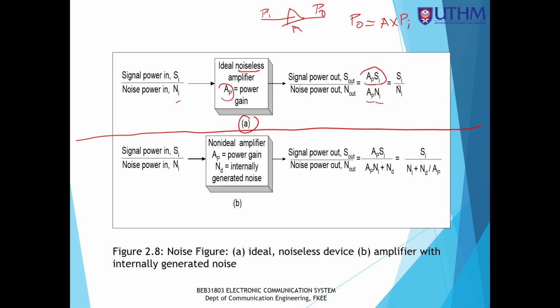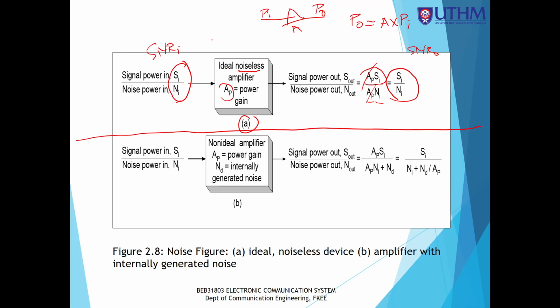So what happens is that we can cancel out the gain like this. Finally you will get SI over NI, which is the same as SI over NI at the input. In terms of ratio, it is the same. So SNRO and SNRI are equal.